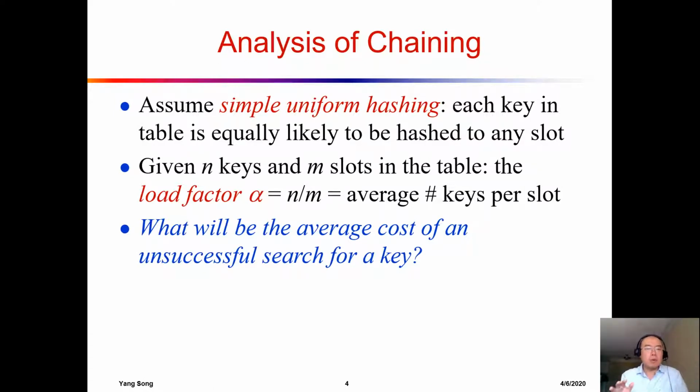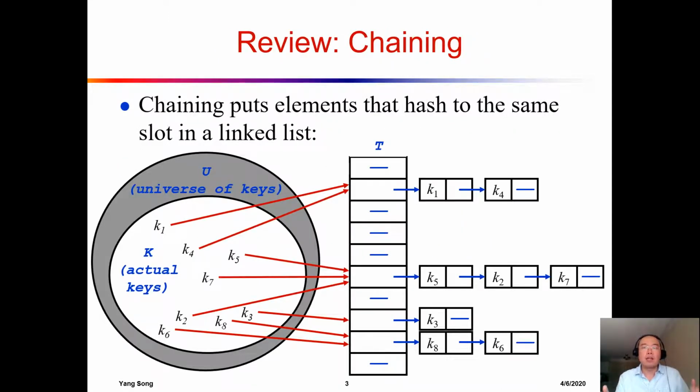If we want to have an n value greater than m, can we have that? The answer is yes, since we are doing chaining and there's no upper bound on the length of a linked list, right? If we have 10 more nodes, and those nodes are all in this linked list, is that doable? Of course, yes.